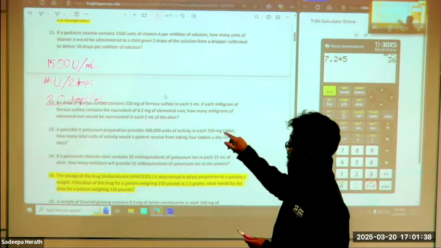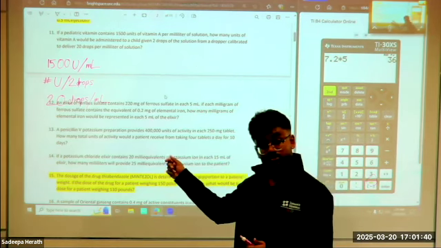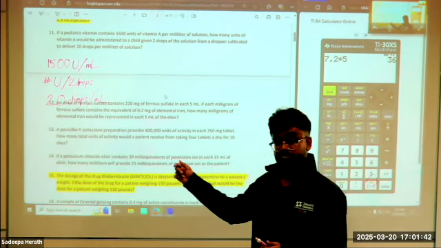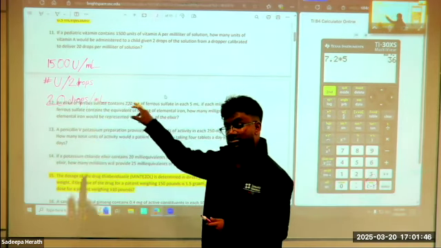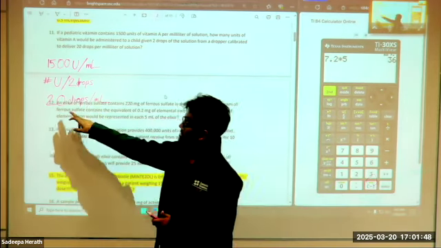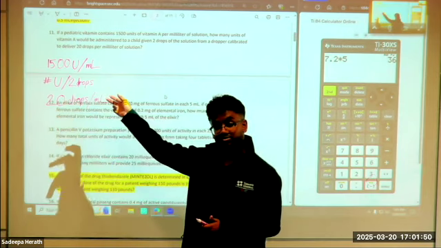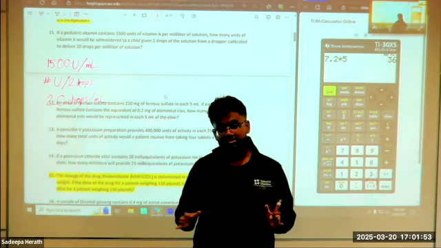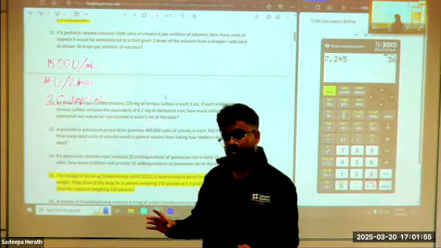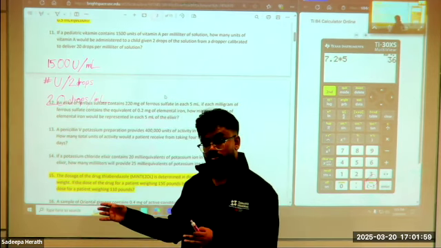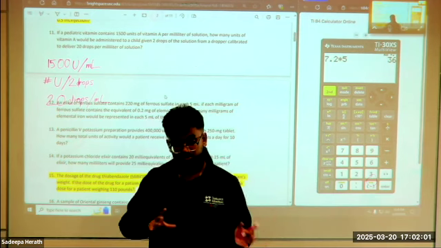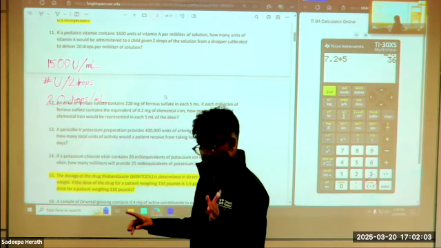So for every 20 drops, there are 1,500 units, because ml equals ml. If both of these equal a ml, then 20 drops also equals 1,500 units. I hope you guys get that. That's how we start.